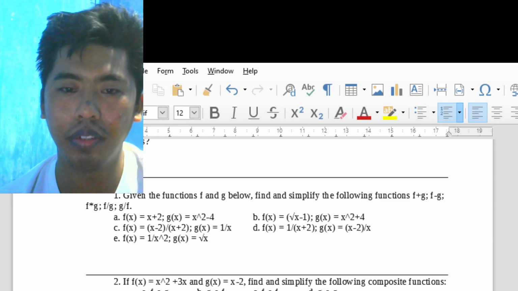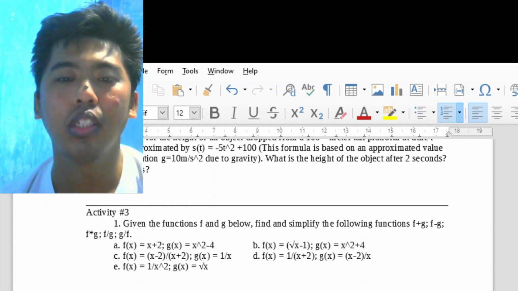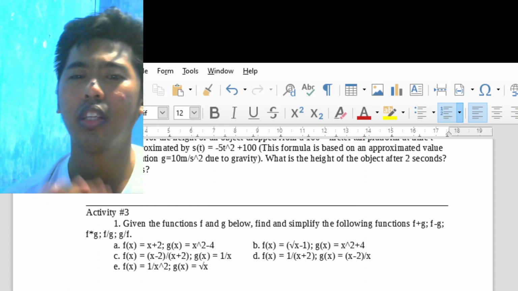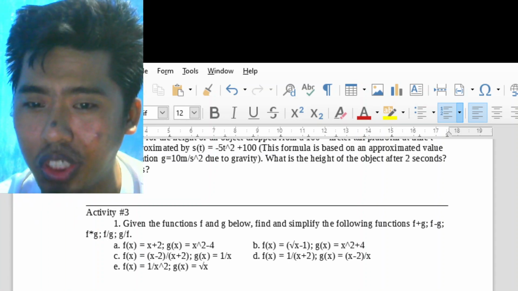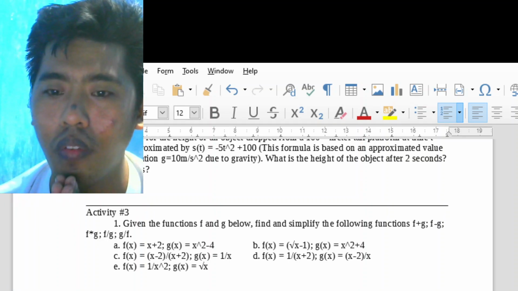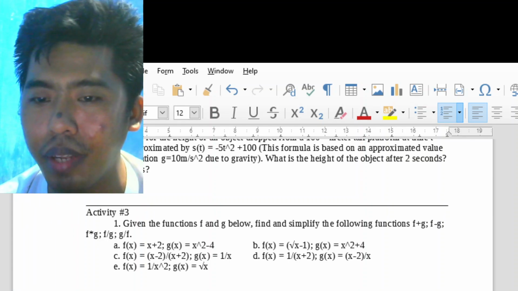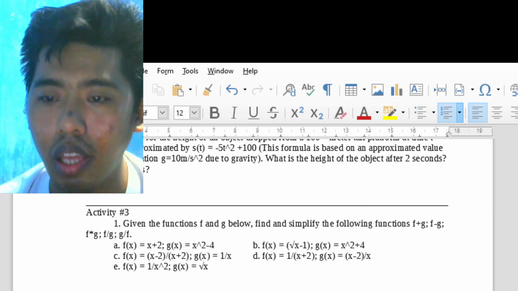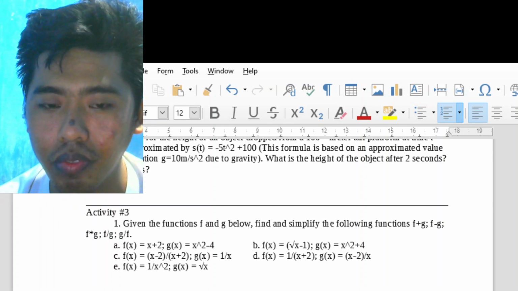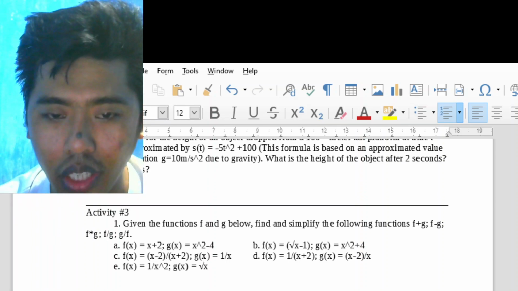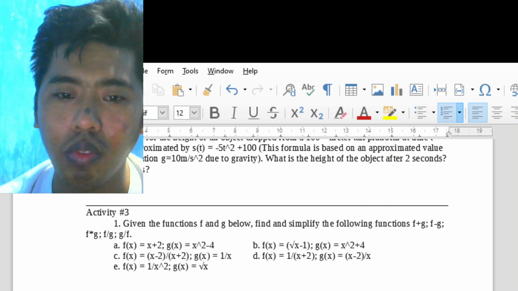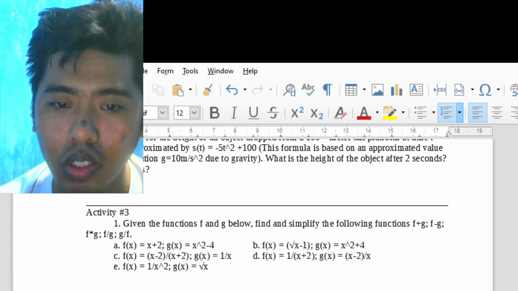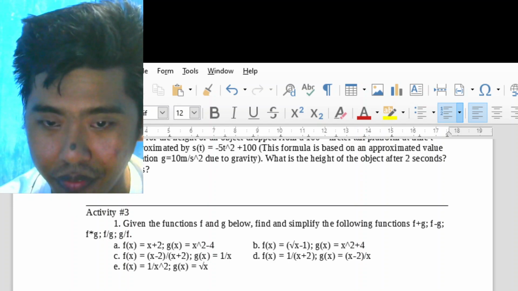Okay, here. Down. So, number 1. Given the function f and g below, find and simplify the following functions: f plus g, f minus g, f times g, f over g, then g over f.